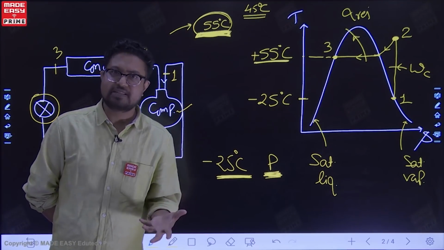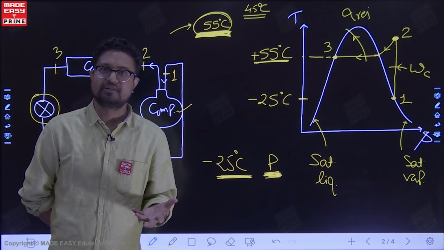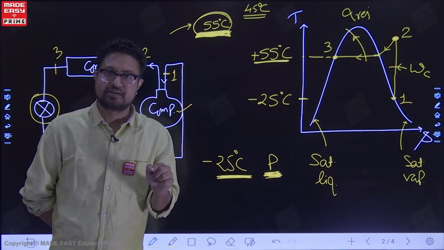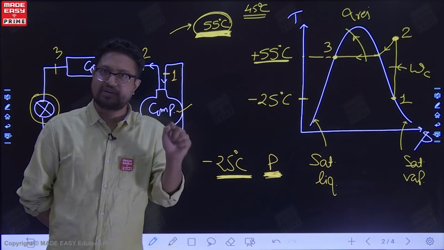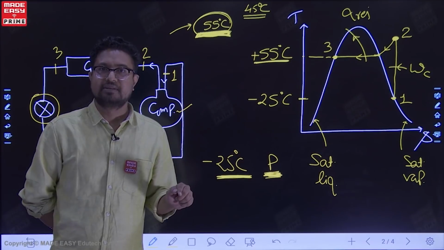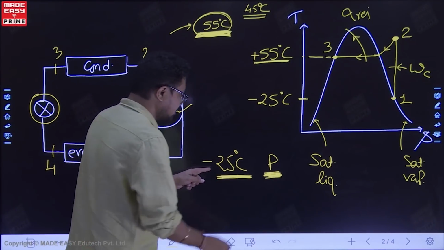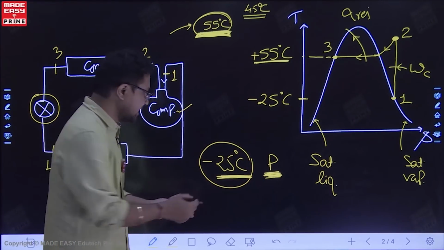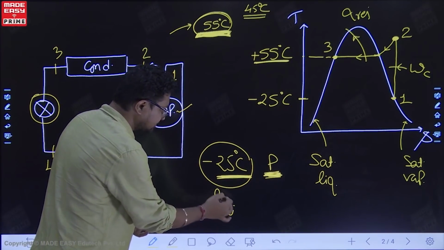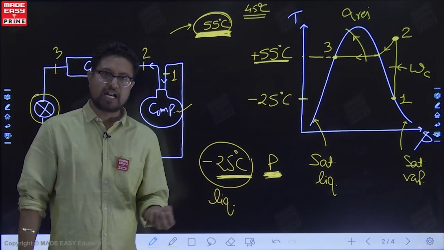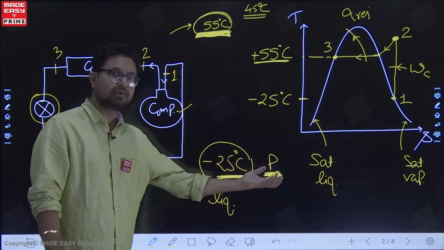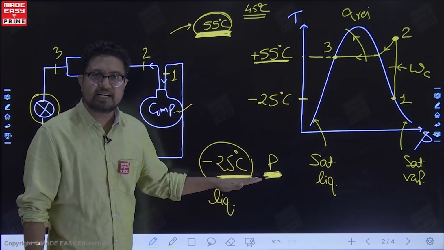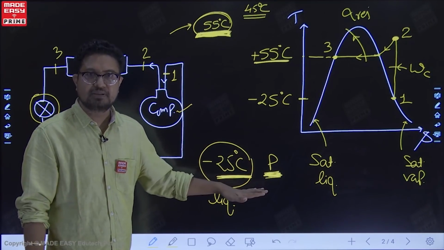Once minus 25 has been reached, at this pressure, you can exist at minus 25, there is no problem. You can exist as liquid at minus 25, there is no problem. We have decided up to what pressure we should drop.